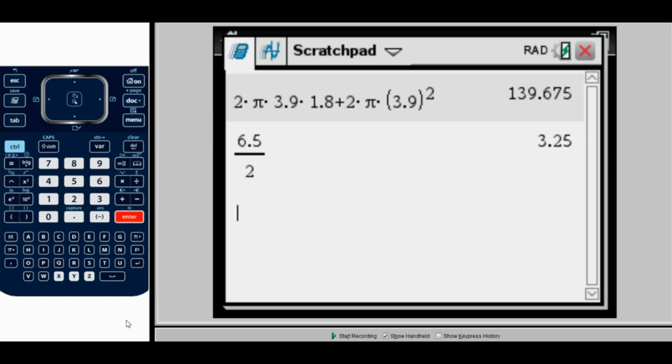Now do remember that in this case the 6.5 already has a decimal, so I didn't have to put a decimal in the denominator for it to give me a decimal answer. But if you had a value that you had put in there and there was no decimal, if you want to get a decimal answer for sure, you might want to go ahead and make sure you put in a decimal after the denominator.